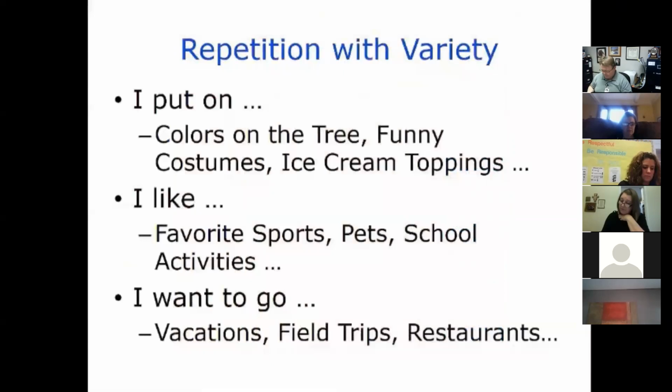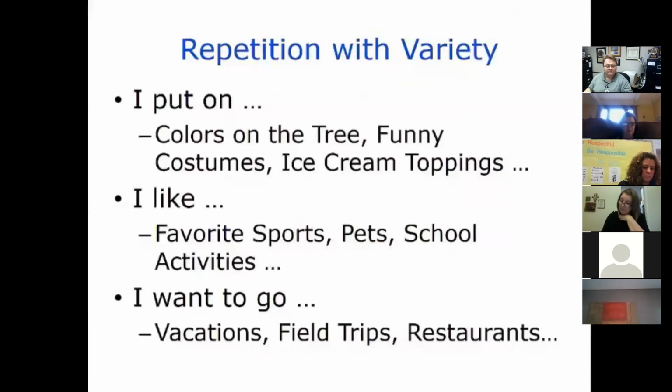The sentence stem, I put on, could be used to write about the colors of leaves added to a class tree with choices like red leaves, yellow leaves, green leaves. I put on could be used to write about funny costumes with choices like a cape, a mask, glasses. I put on could be used to write about ice cream toppings with choices like whipped cream, chocolate sauce, and sprinkles.